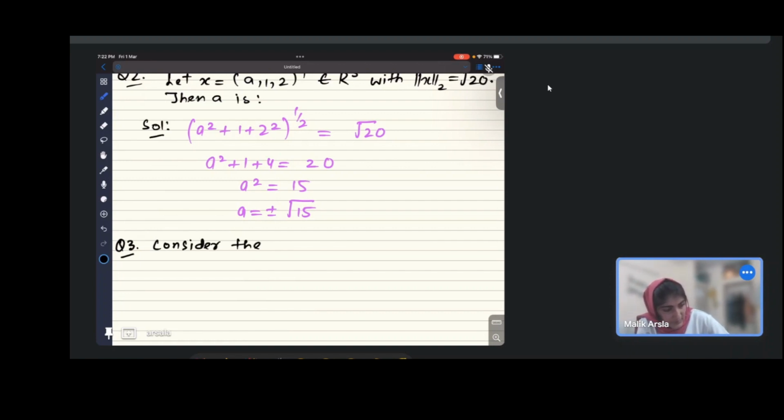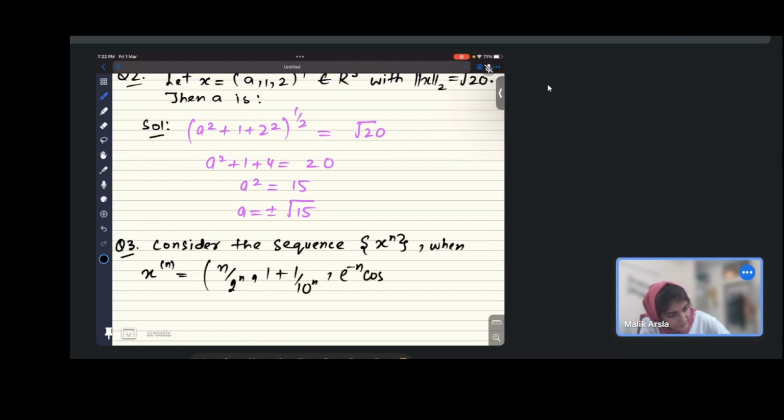Consider the sequence xn, where xn is defined as n upon 2 to the power n, then 1 plus 1 upon 10 to the power n, and e to the power minus n cos n.